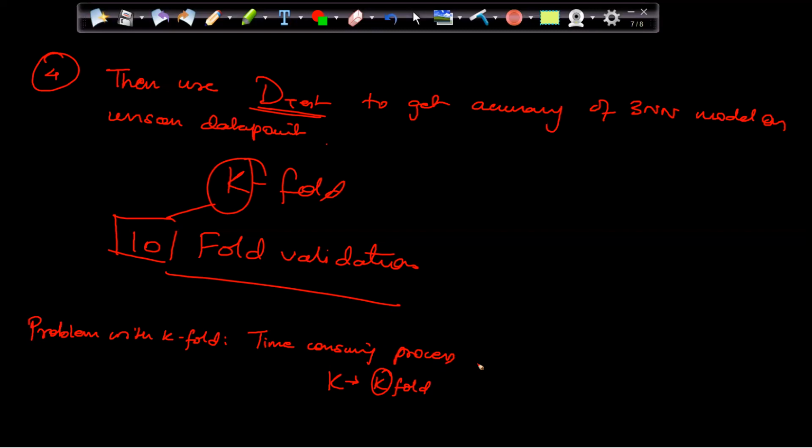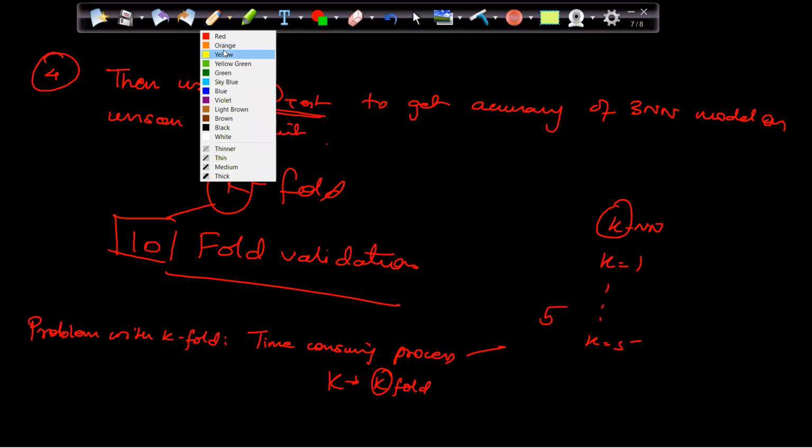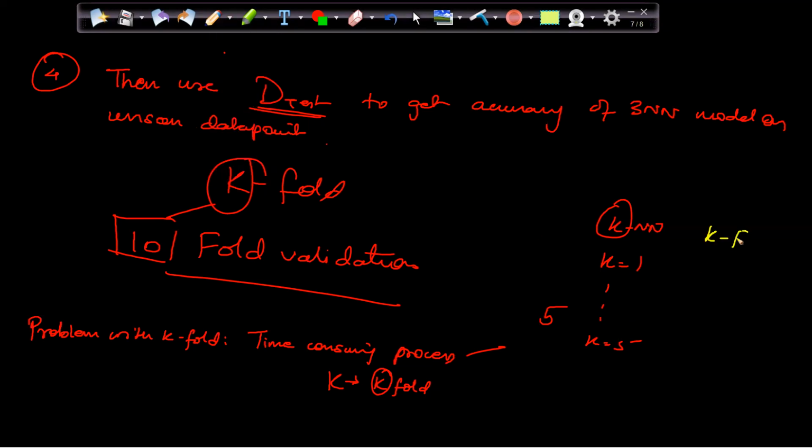Because if my k nearest neighbors comes out to be, let's say 5, I have to go from k equal to 1 till k equal to 5. This is my kNN k, and now I have a k-fold validation k. So let's assume that this k is 10.